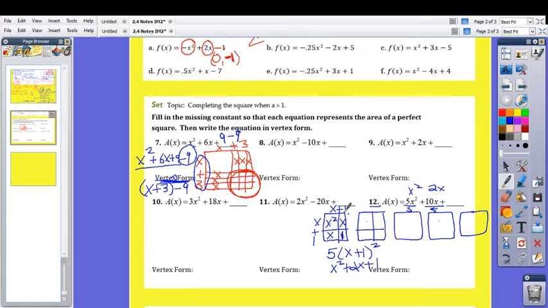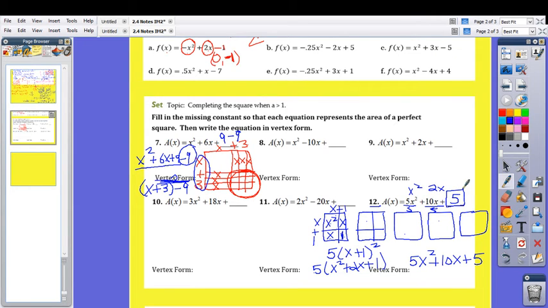This is for this one only, but you have 5 of those, so you will do times 5. If you multiply 5 inside, you'll get 5x squared, 5 times 2, so 10x, and then 5. So basically the number that's missing here is 5.